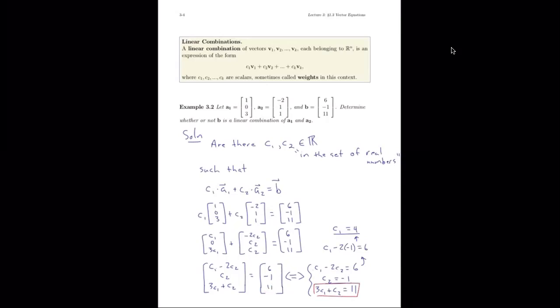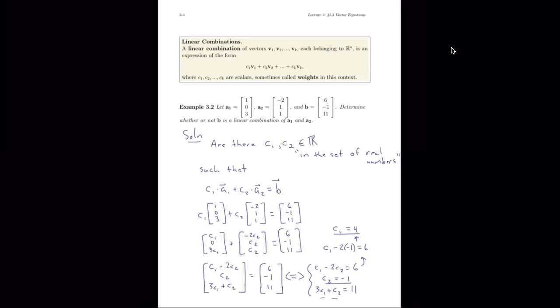We're actually doing a lot of linear systems of equations work right here in front of us. And we're thinking about consistent and inconsistent systems by considering whether or not C1 and C2 work for all three of these equations, right? Well, one way to check is we could plug in C1 and C2 here and see whether or not this is true.